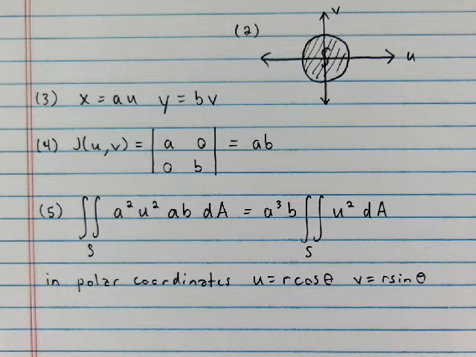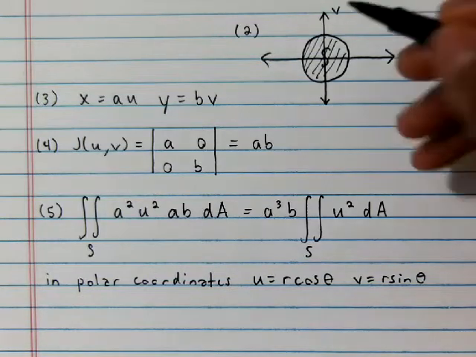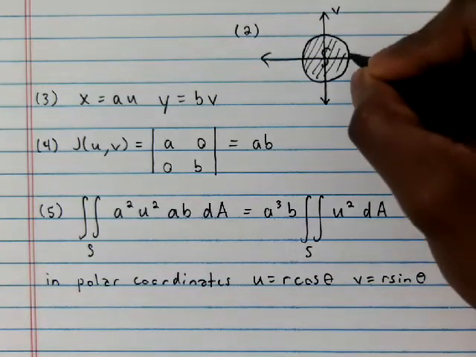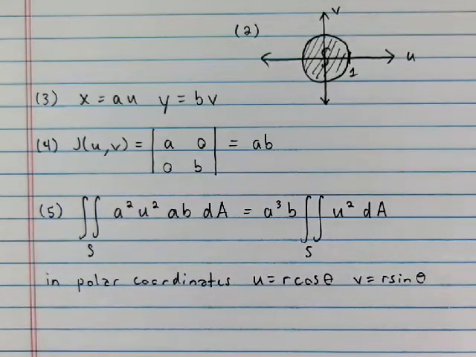And we could write that u squared plus v squared equals r squared, but we really don't need all that. All we need is that we see that r varies from 0, well, I guess I should label this as 1. There's a 1 right there. That r varies from 0 to 1, and theta varies from 0 to 2 pi.